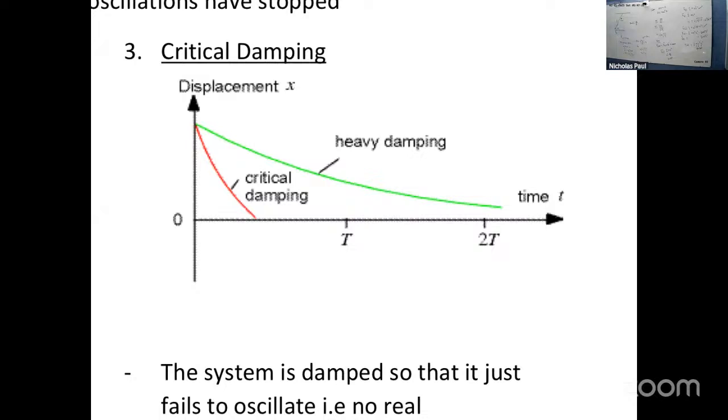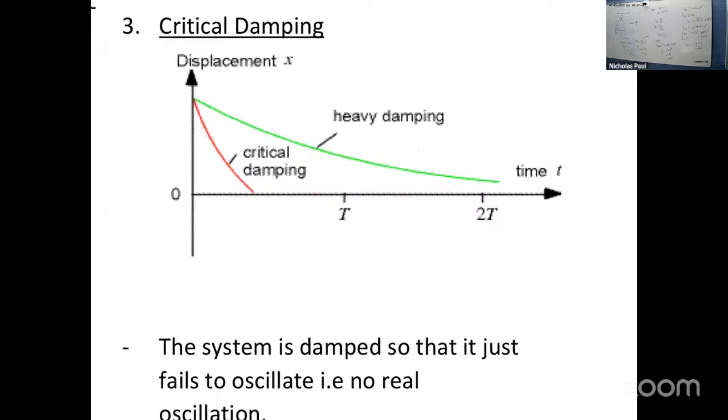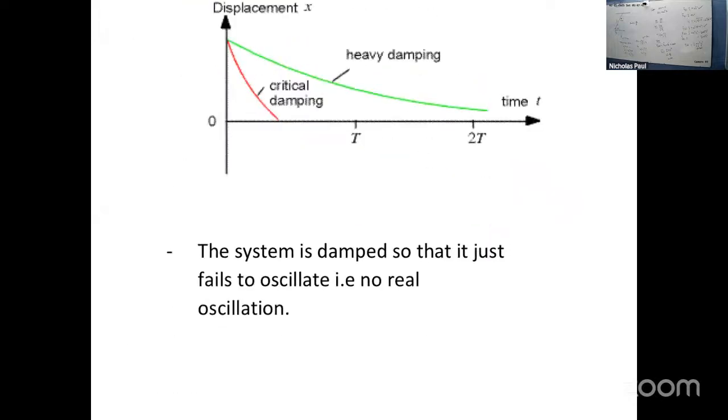So critical damping is where you don't want any oscillation. For example, you have taken an ammeter reading. Do you want your needle to be oscillating? No. You want it to be critically damped. So the system is damped so that it just fails to oscillate.